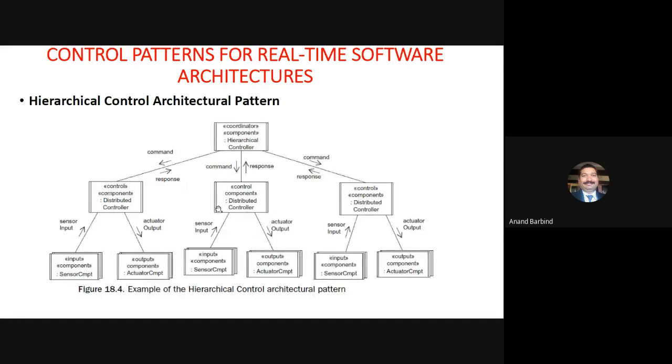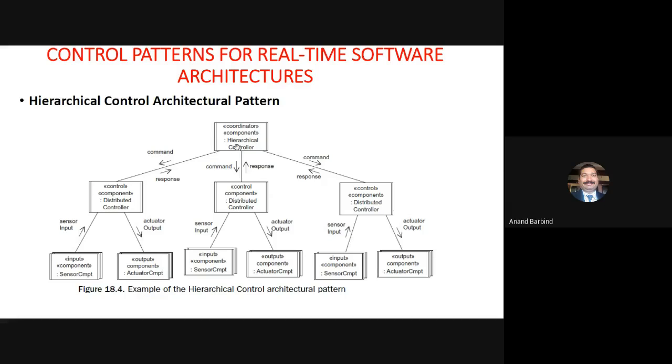Here you can see these control components control the input and output. Each of the control components controls the input and output, whereas they do not send the important events for discussion among the remaining components.